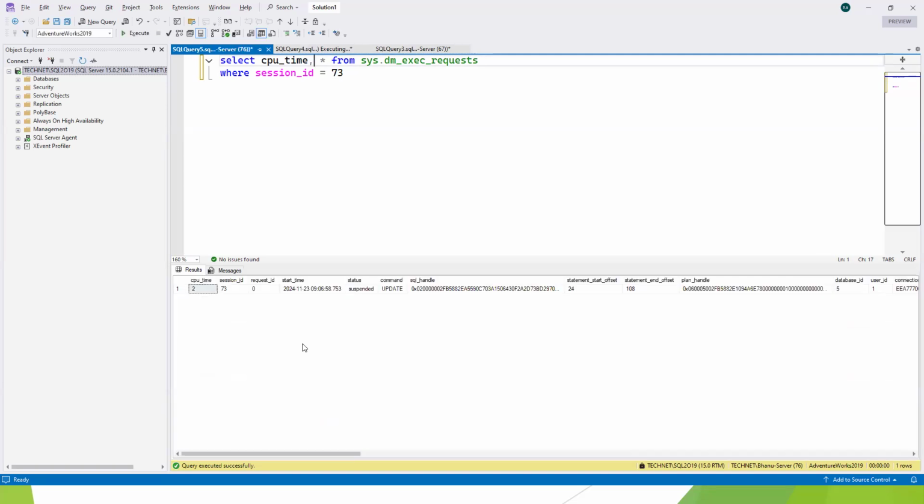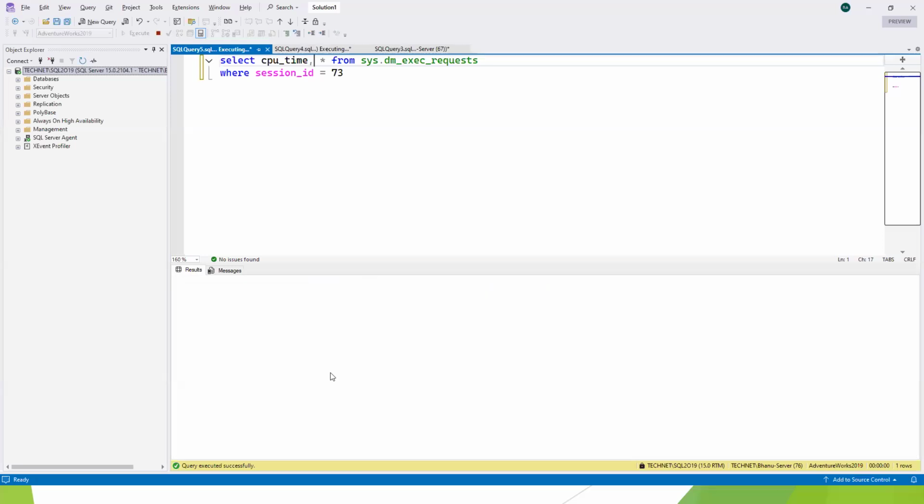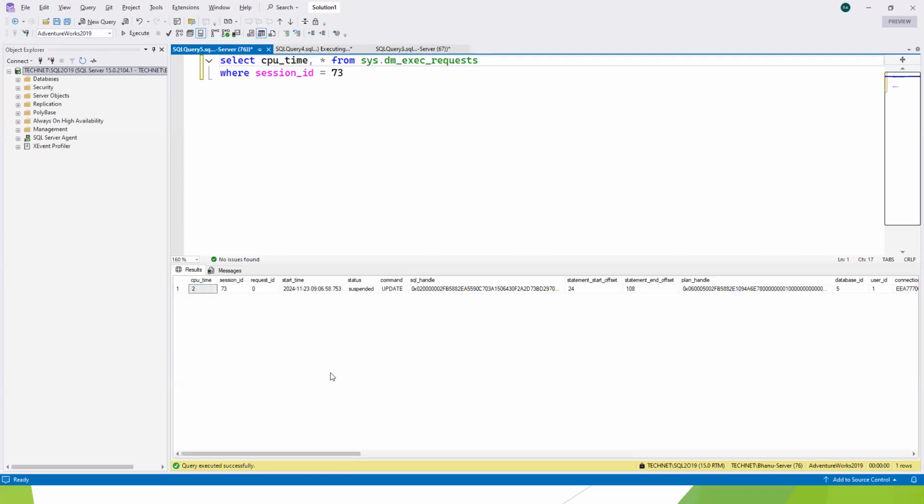It will stay in the same state, right? It is 2 milliseconds, because it took some time to start the query, but then it is waiting for some resources. So during this time, the thread is assigned to the task, but the thread is not executing on the CPU.